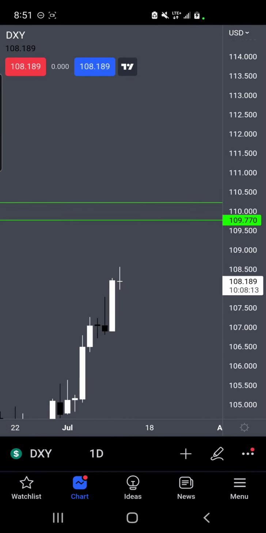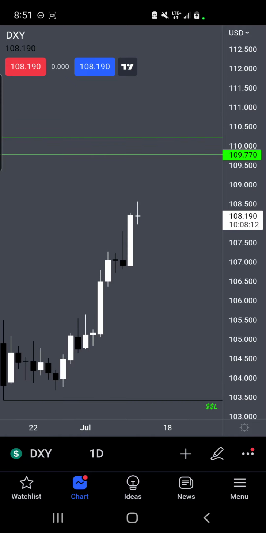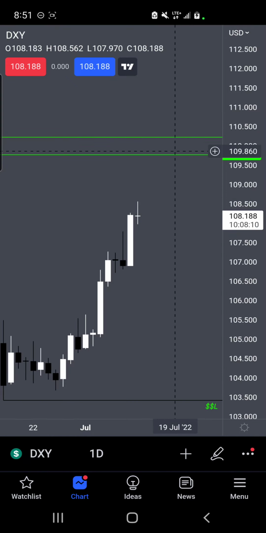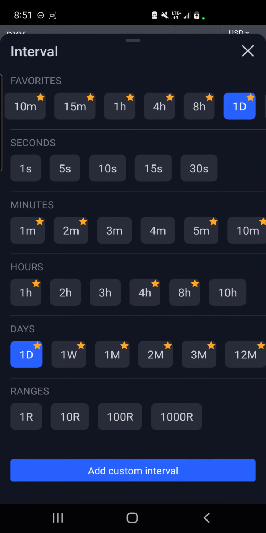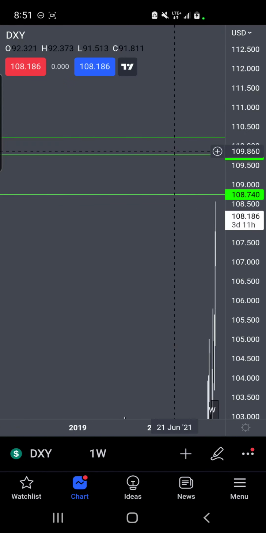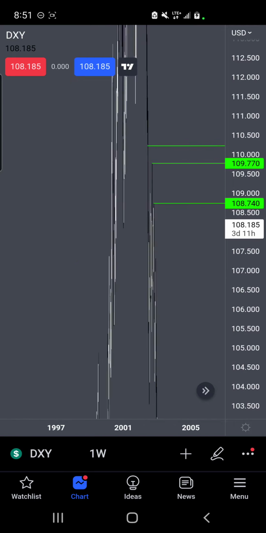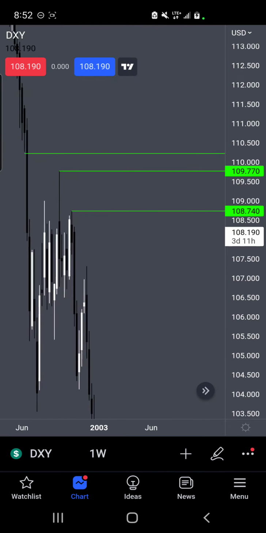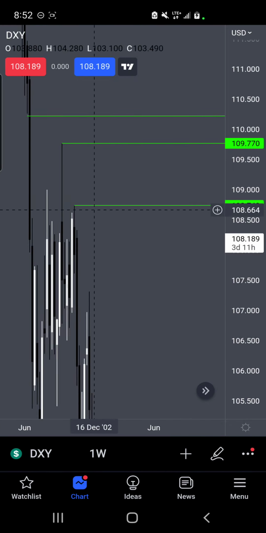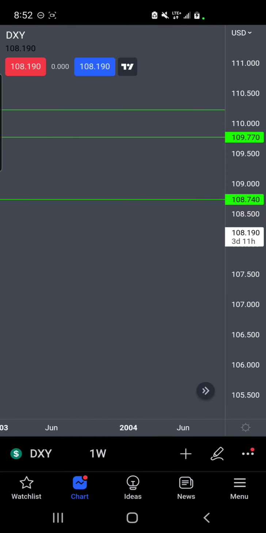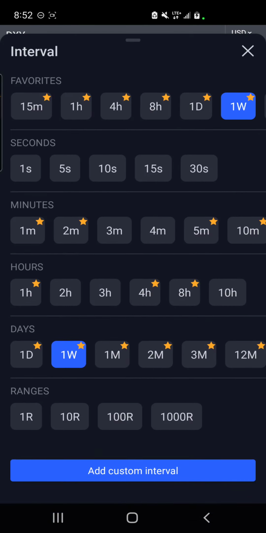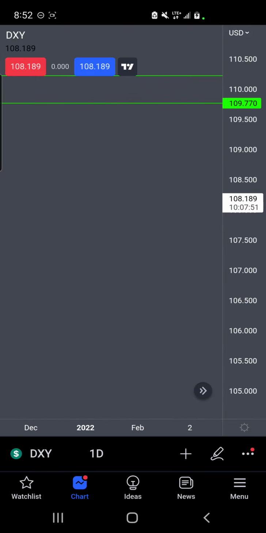But we're just gunning for these areas that I have, which I think are weekly levels from way back, like these areas, this high and then that high and then the top of that gap. So that's where I'm looking for the dollar to reach into, potentially.